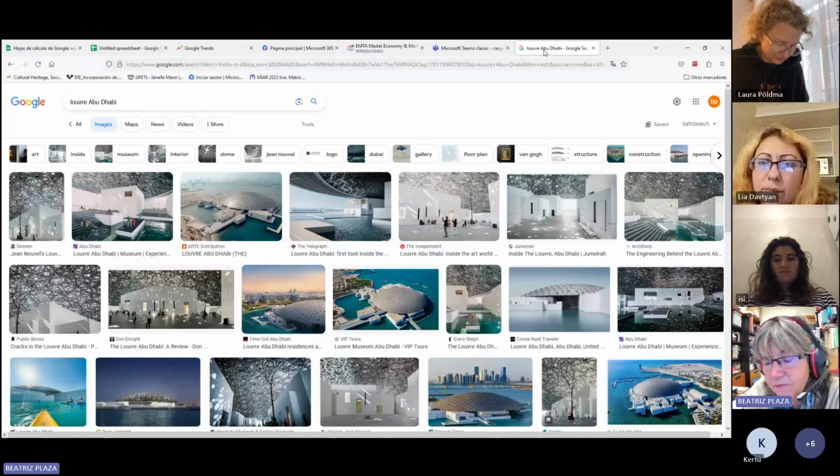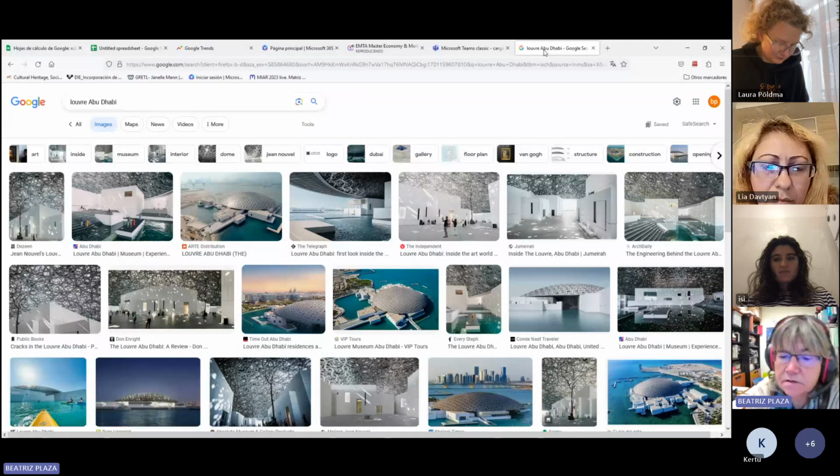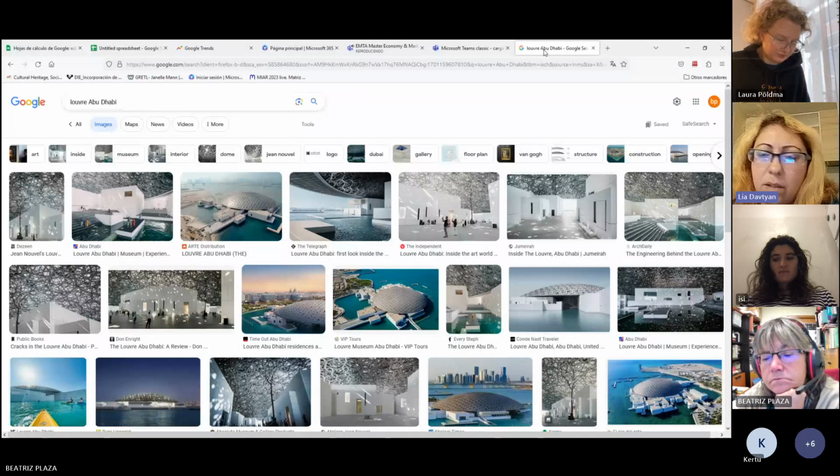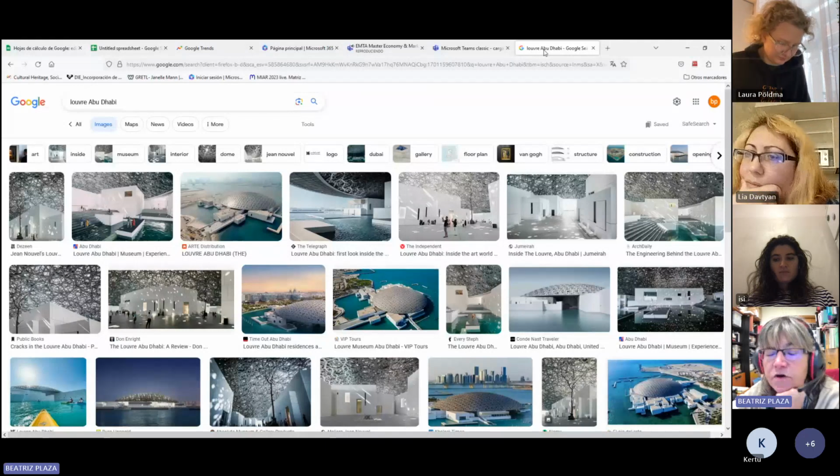So, which is the market of this museum? What do you think? Which is the audience of this museum, if I may? Locals and tourists, foreigners. Yes, foreigners.